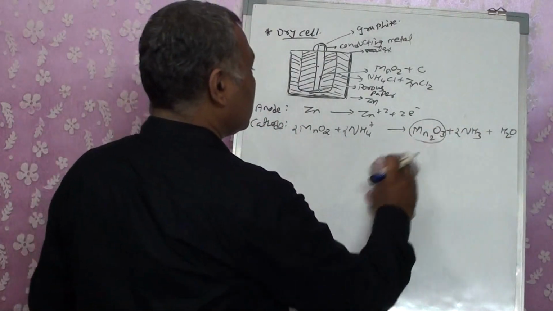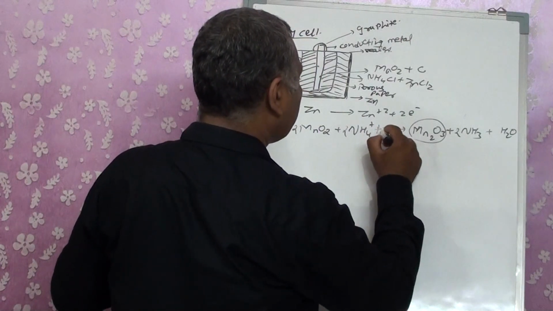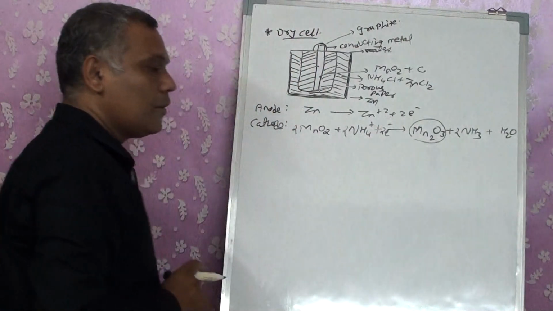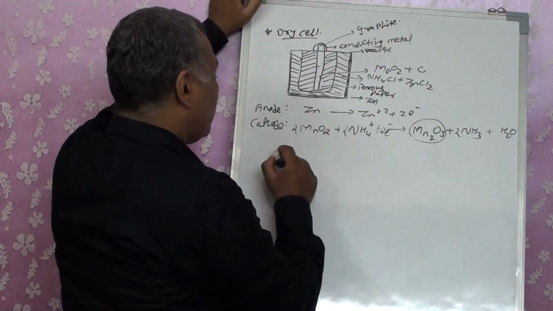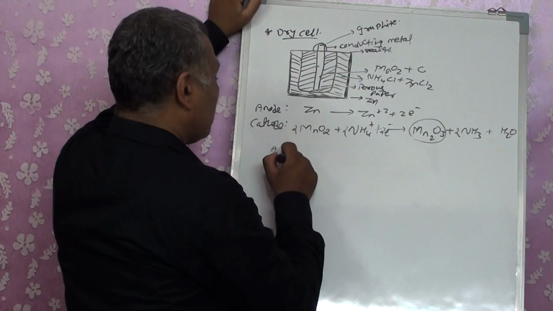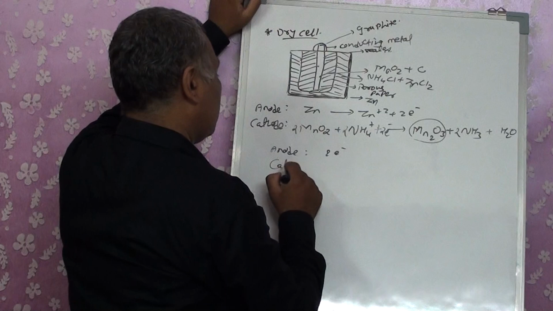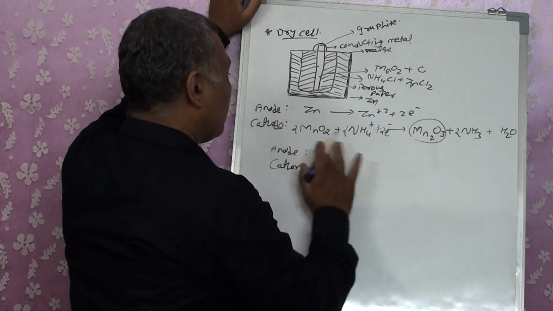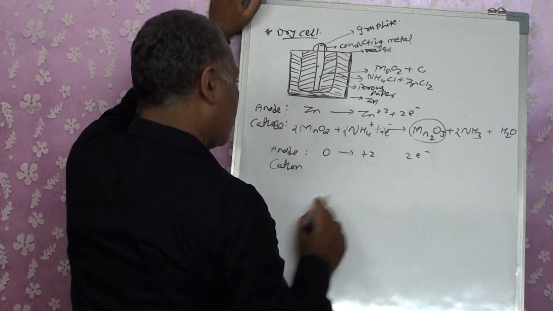Now during this, we will also have electrons gained by it. Now what is the change in its oxidation number? You will find that Zn, anode, loses 2 electrons. That is, Zn was 0, goes to 2 plus, 2 electrons.